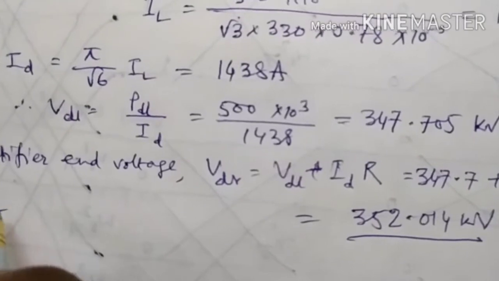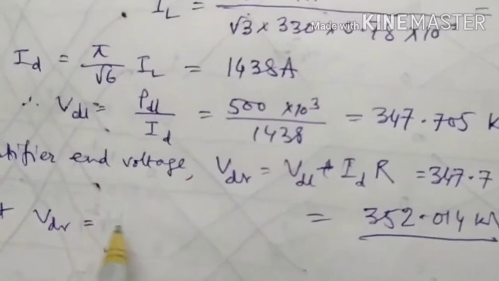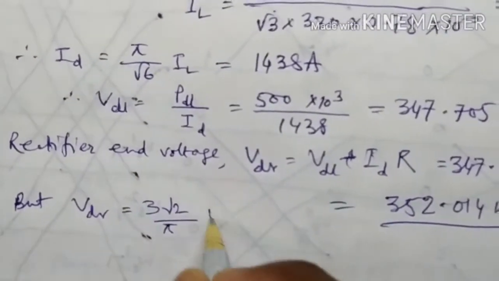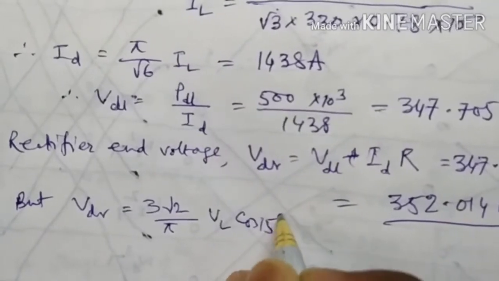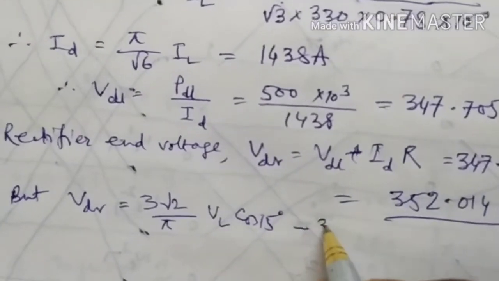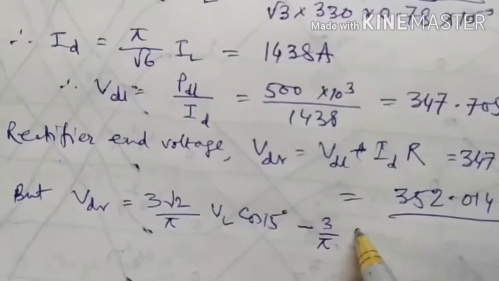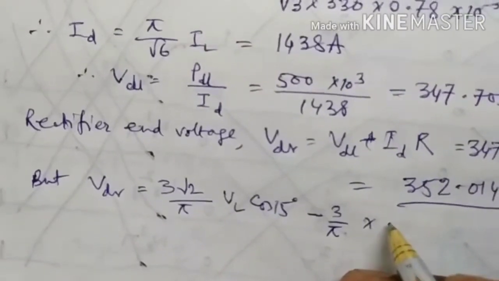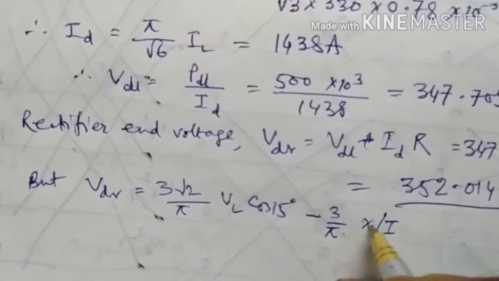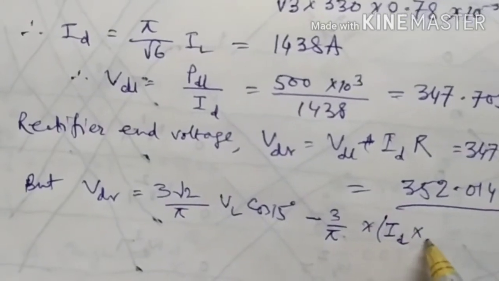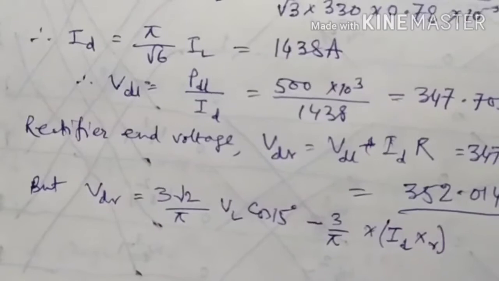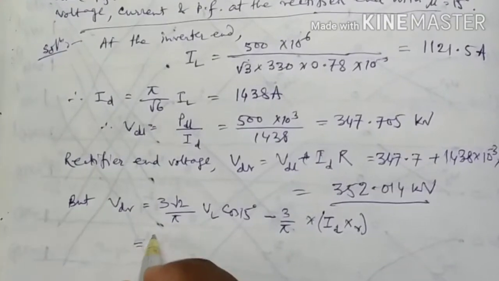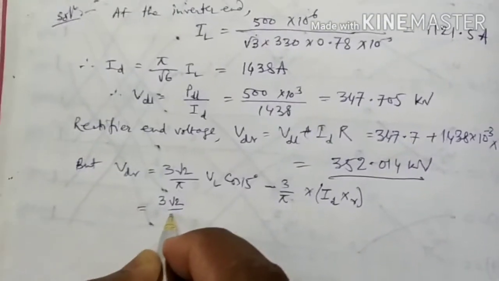But VDR will be equal to 3 root 3 by pi VL cos 15 degree minus 3 by pi into ID XR. So the value will be 3 root 3 by pi.